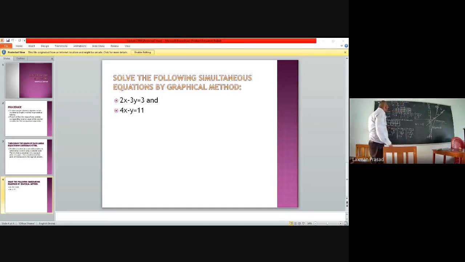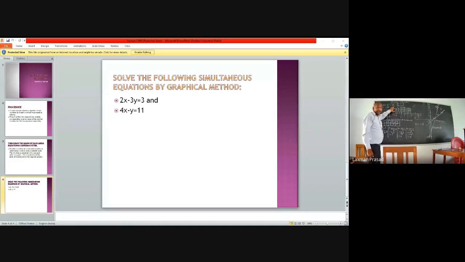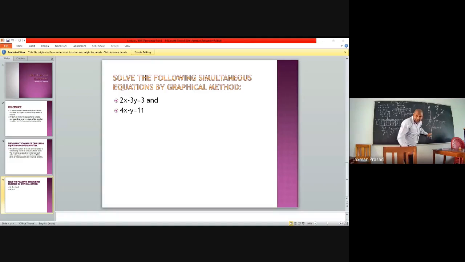Fine. Then next, the second equation, 4x minus y equals 11. So if the value of x is 0, then the value of y is minus 11, on the negative side.